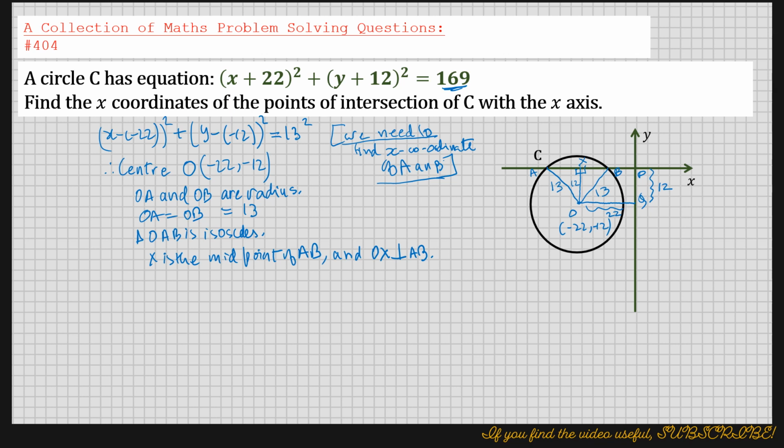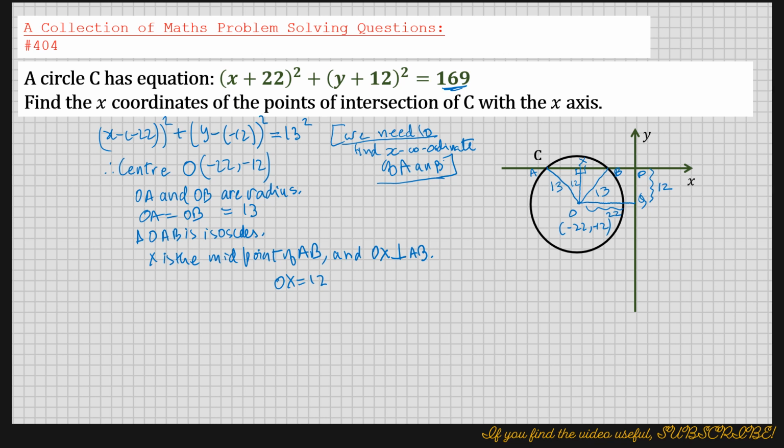Of course the y-coordinate is minus 12, but in terms of distance it's 12. So OX is 12. We don't need OQ, it's not important.